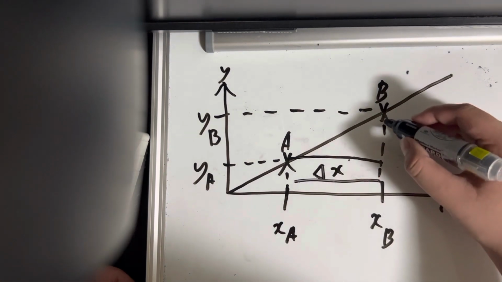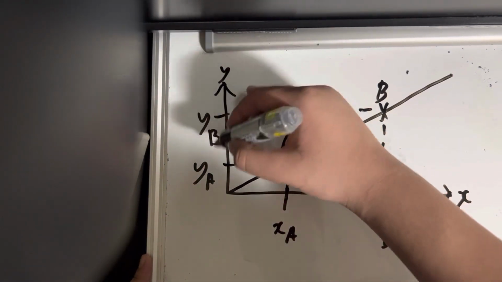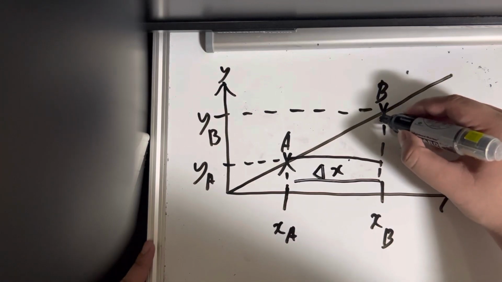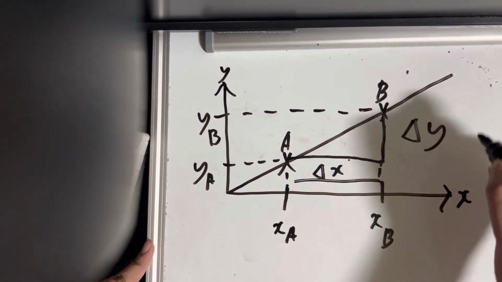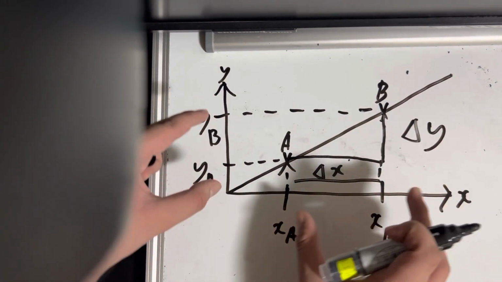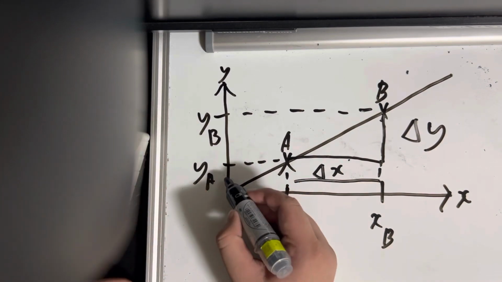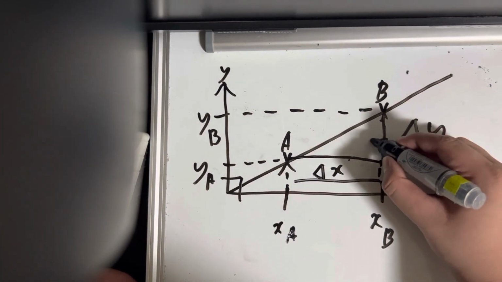And this distance here between the two y values, that lies on the y-axis, is the same distance over here. I'm going to call this delta y, okay? So you realize that because these lengths also lie on the x and y axes, they're perpendicular to each other because the axes are perpendicular to each other, which means this is a right angle.